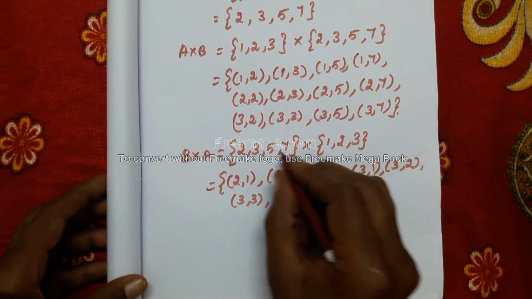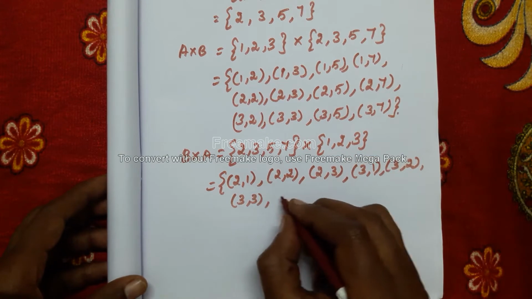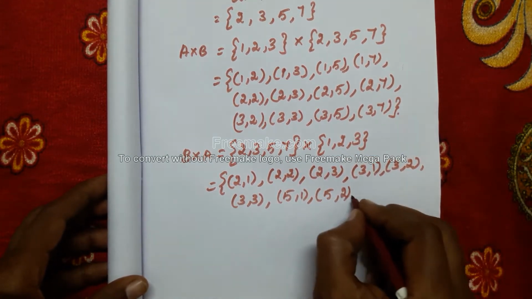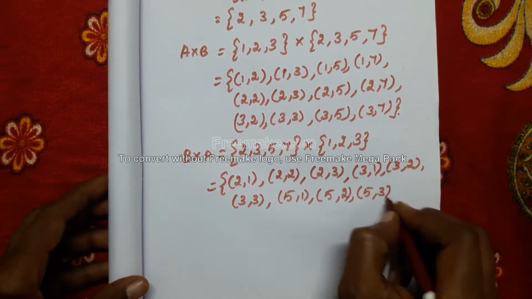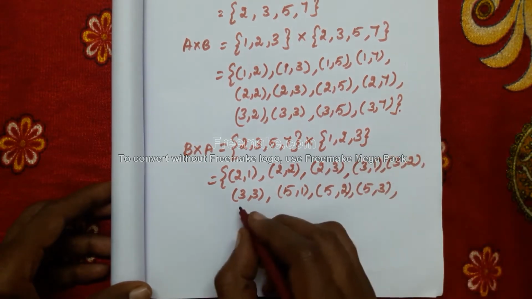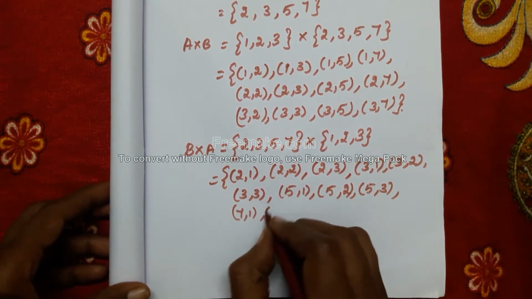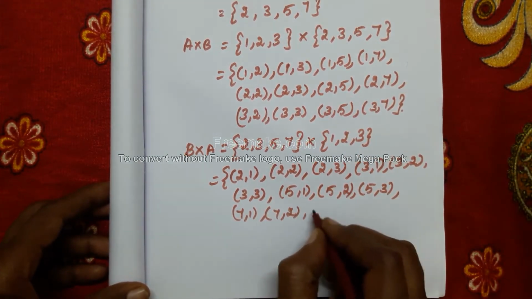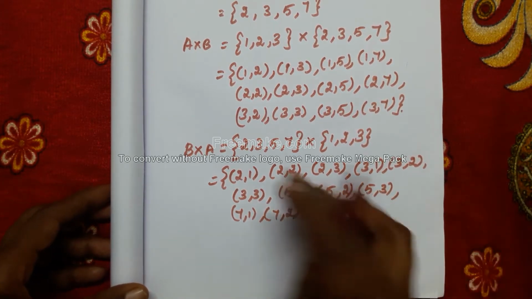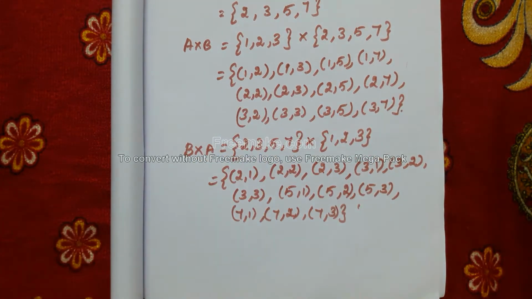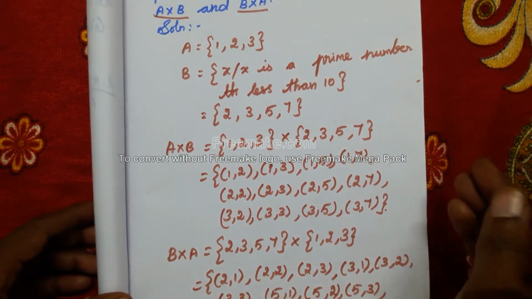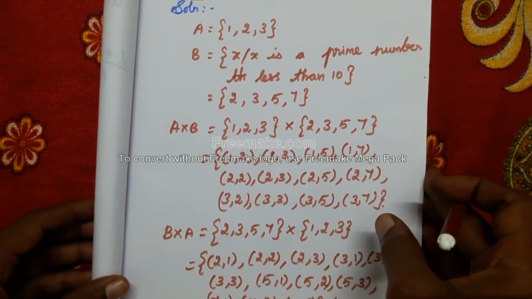Next, (5, 1), (5, 2), (5, 3). Next, (7, 1), (7, 2), (7, 3). Okay, so this only we have to find. Clear? Any doubt? A cross B and B cross A we have found.